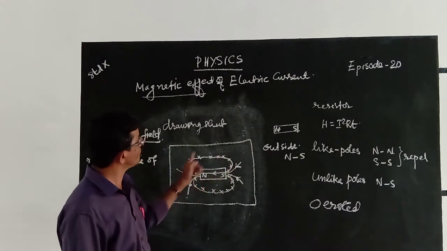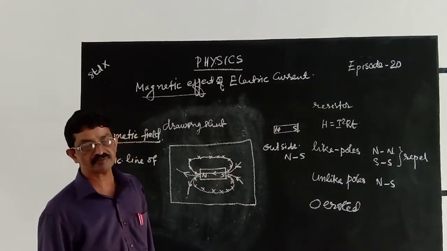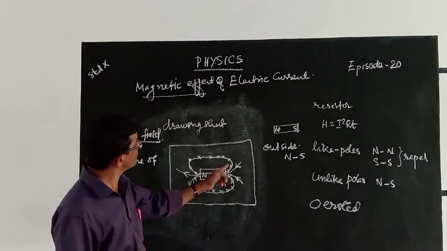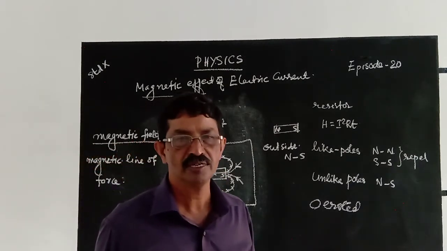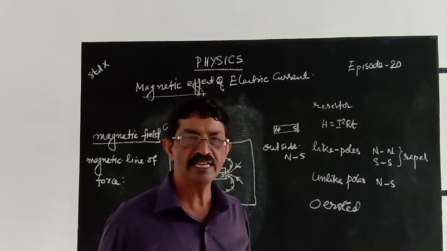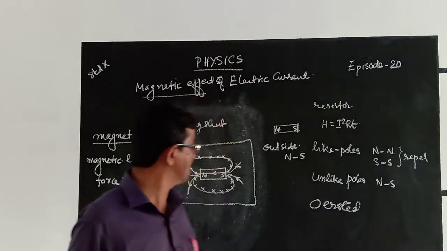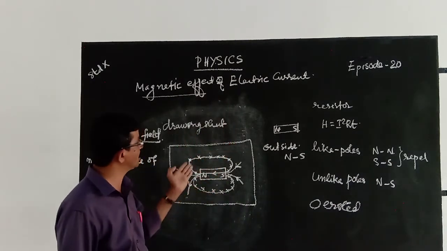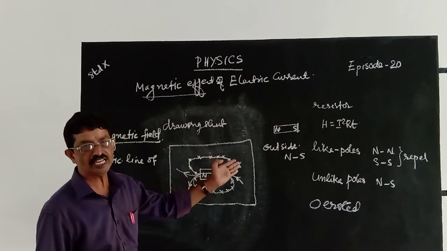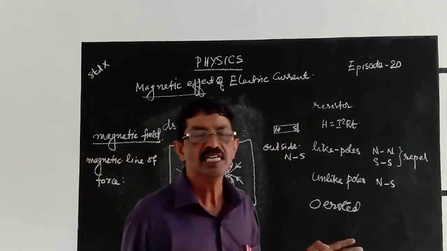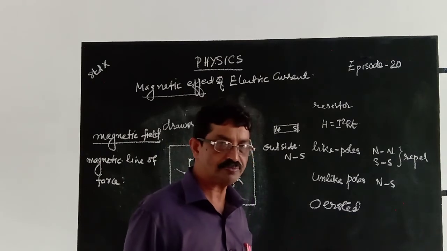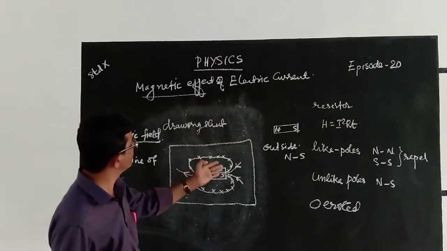And this magnetic field, see, it has both magnitude and direction. The direction which we take as the direction of the magnetic field is the direction in which the North Pole moves.